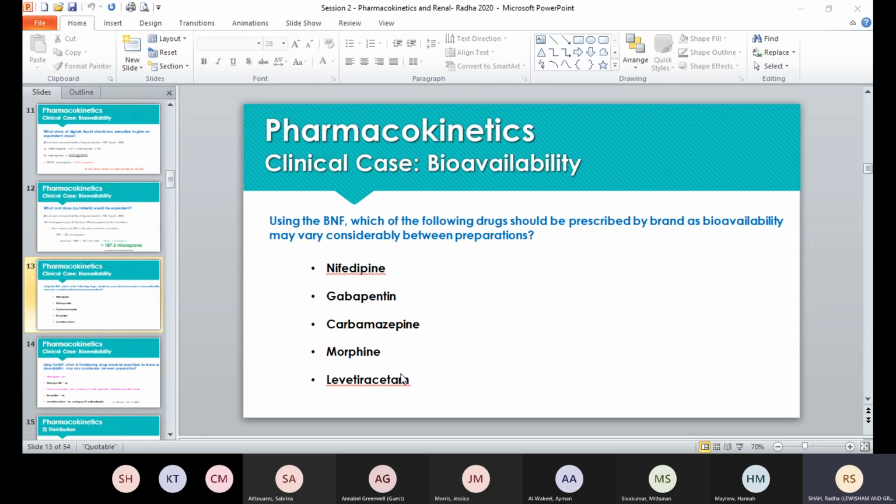So for nifedipine, it says different versions of modified release preparations may not have the same clinical effect. To avoid confusion between these different formulations of nifedipine, prescribers should specify the brand to be dispensed. So that's where you would have a look, under prescribing and dispensing information.